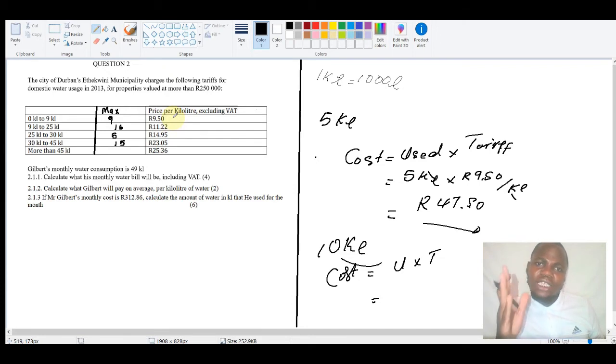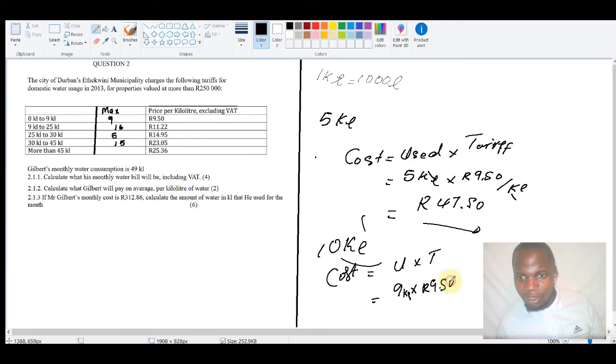The moment you exceed 9 kiloliters, your tariff changes for the next amount of water you use. So the first 9 will be charged at the first tariff, 9 times 9 rand 50, plus then you say, what was the question?